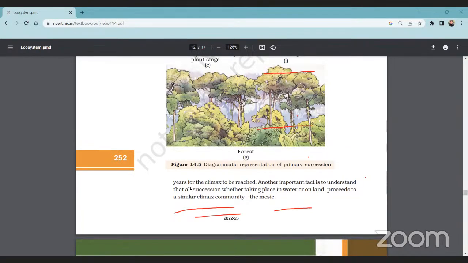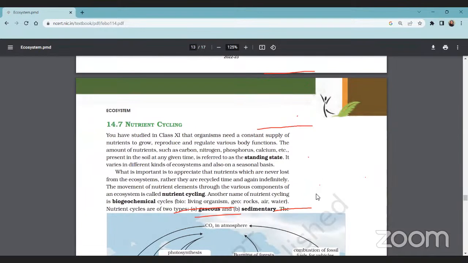All successions which take place in water or on land proceed to a similar climax community, that is the basic idea.